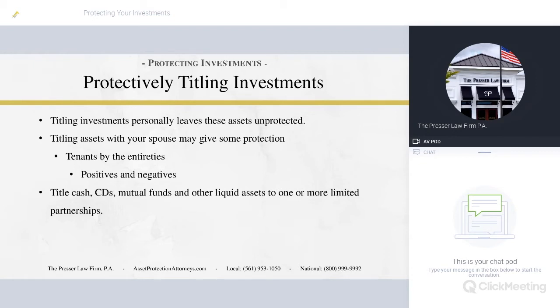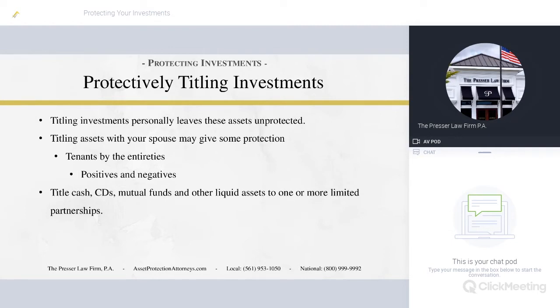You can potentially integrate your spouse into the ownership of your investments, which might give you a little bit of protection. What we do there is we call it tenants by the entireties, which is available in about half the states in the US.